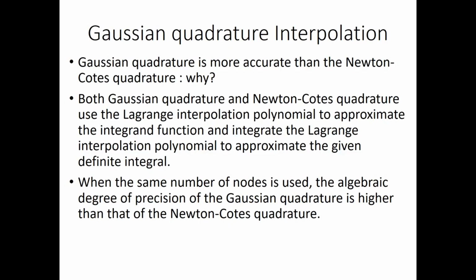With the help of some research, it has been found that Gaussian quadrature interpolation is more accurate, and let's note down the points. Why is it so? Gaussian quadrature is more accurate than Newton-Cotes. First is that both the methods, Gaussian quadrature and Newton-Cotes, use Lagrange interpolation polynomial to approximate the integrand function.